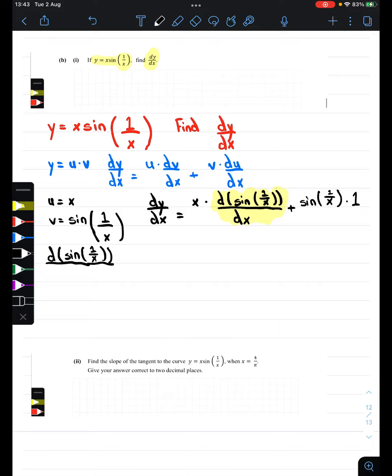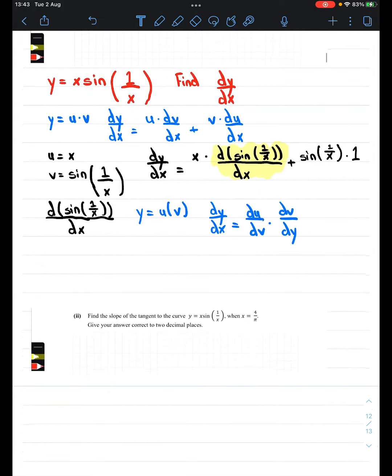Okay, well, this is a function within a function, so we immediately think of the chain rule. So if we've got y equals u of v, then dy/dx is equal to du/dv times dv/dx.